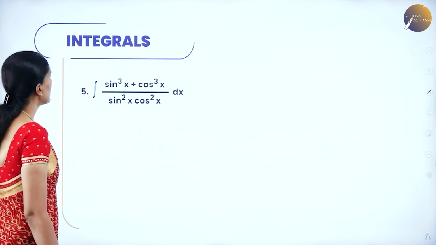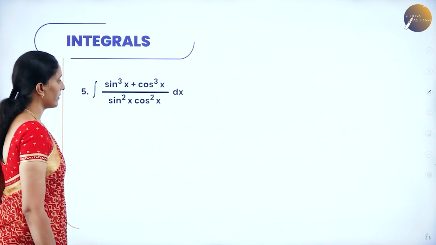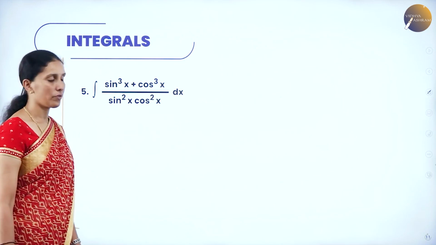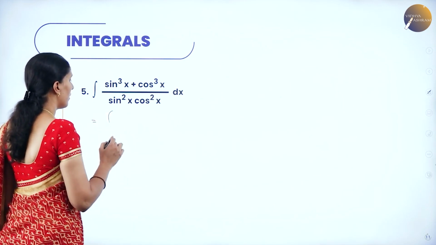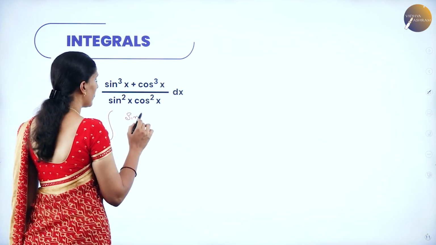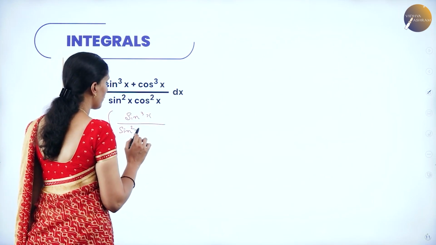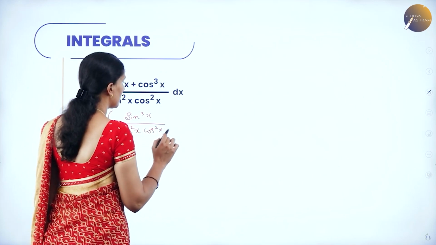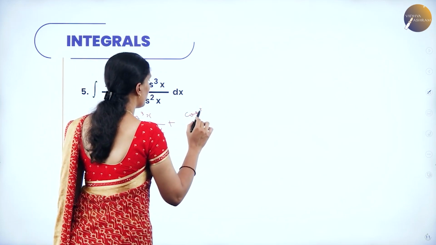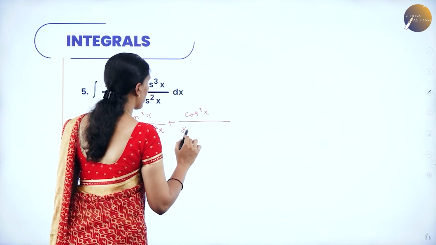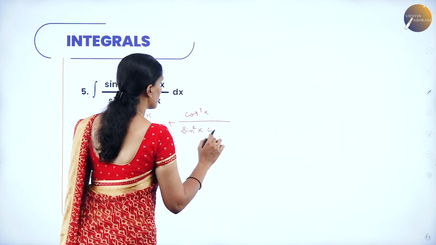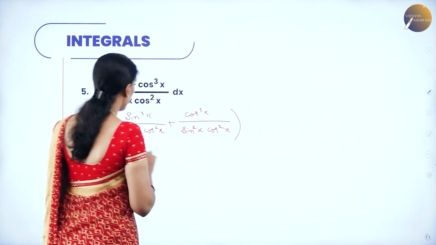Next one is sin cube x plus cos cube x divided by sin square x cos square x. So here divide both the numerator terms separately by the denominator. So we have sin cube x divided by sin square x cos square x plus cos cube x divided by sin square x cos square x into dx.